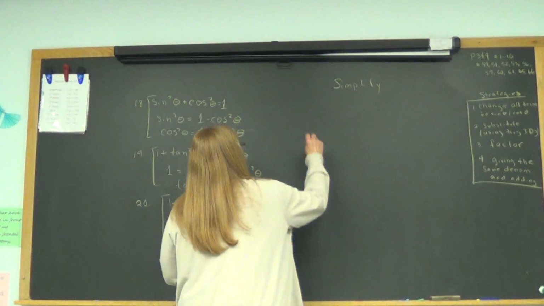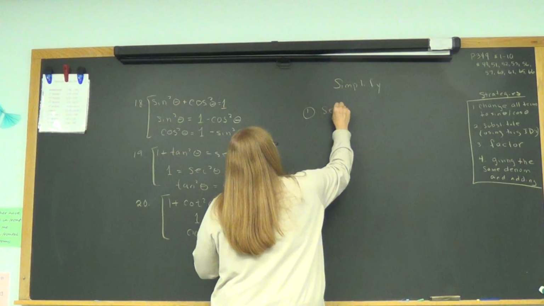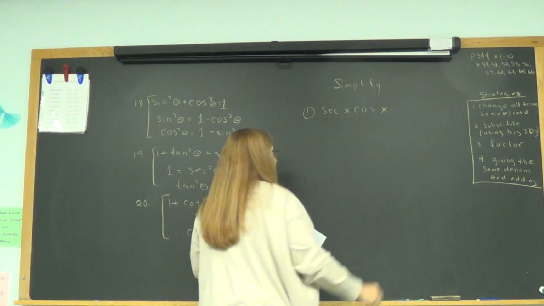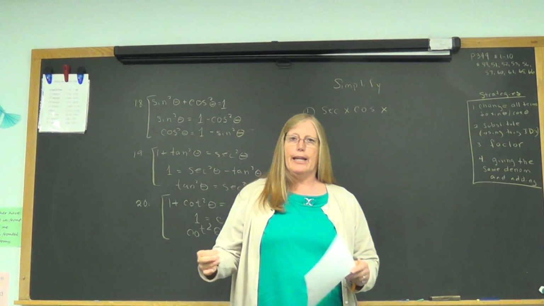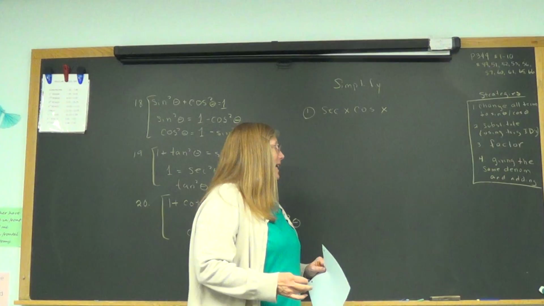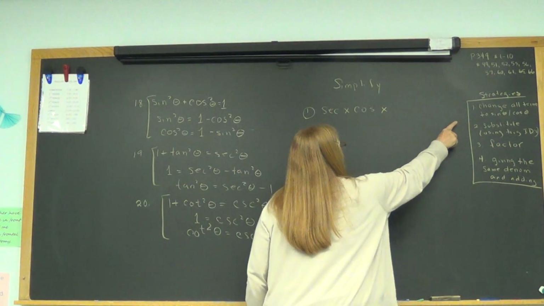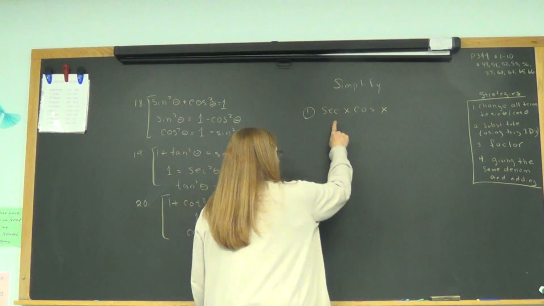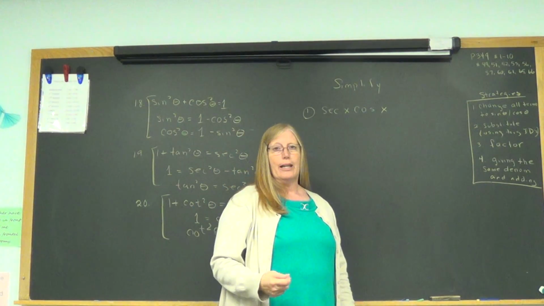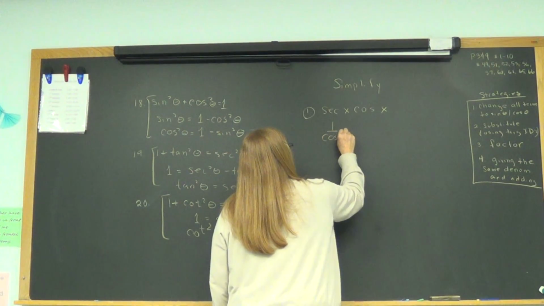I'll do 4 examples. Number 1, let's say we had secant x times cosine x. And the command is simplify, so it's sort of a vague command, but it means make it simpler. We're going to do that by looking at strategy number 1, change all the terms to sine and cosine. How can I express secant in terms of sine or cosine? 1 over cosine is the same as secant.